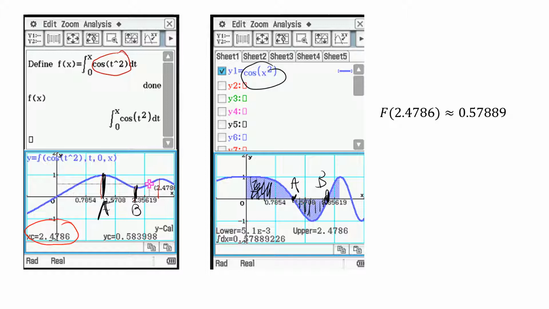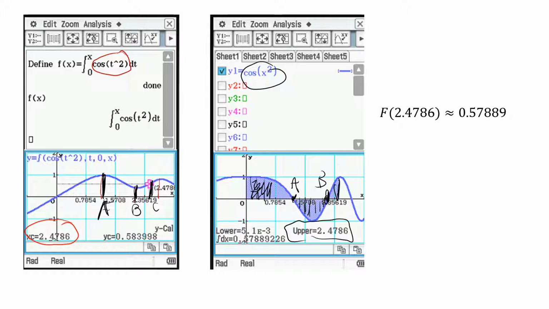Okay, now we return to a positive signed area until we hit that 2.4786, and in fact the area that I've swept out, the net signed area, so that's here, let's call that point C.